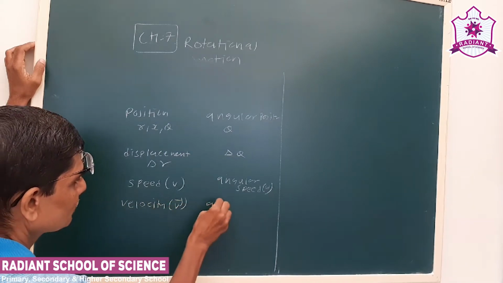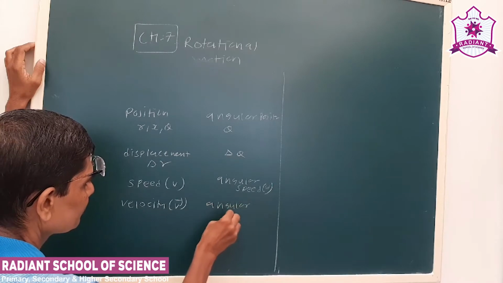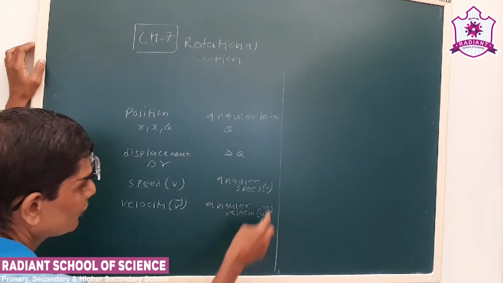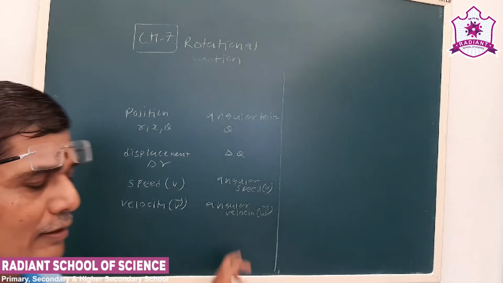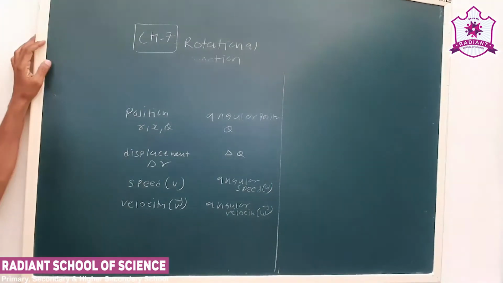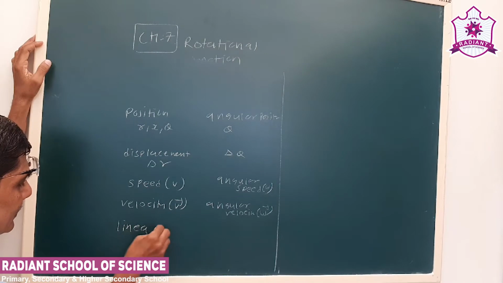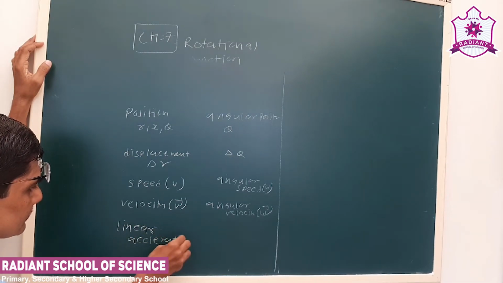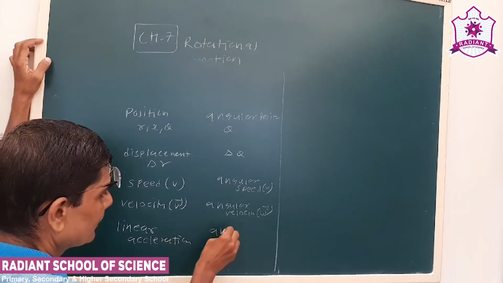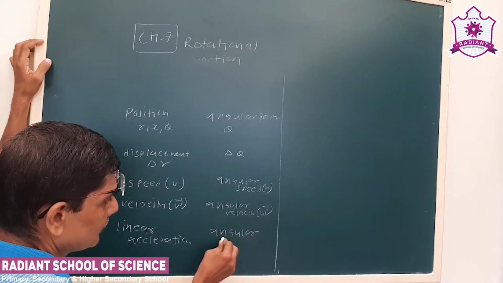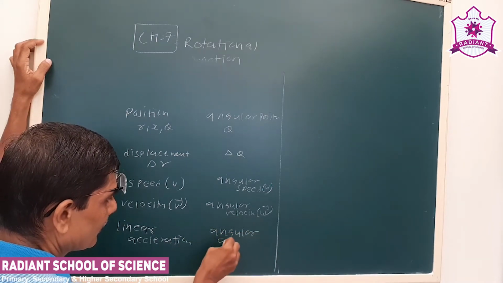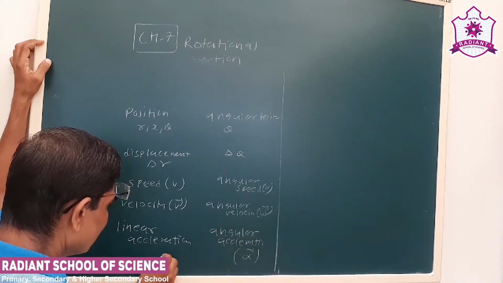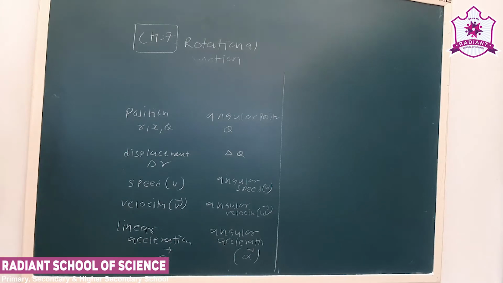Here also we have to study angular velocity. Angular speed is a scalar quantity, angular velocity is a vector quantity. Then we had linear acceleration, denoted as a. Similarly in rotational motion we have to study angular acceleration, that is alpha.